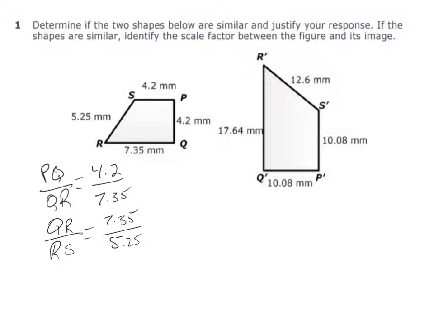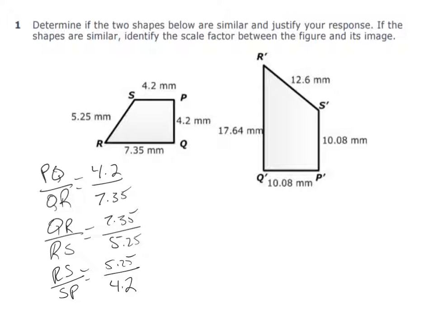Next I want to look at RS and SP. Well, RS we know is 5.25 and SP is 4.2. Yep, 4.2.